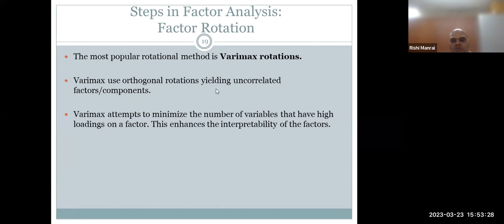Varimax uses orthogonal rotations yielding uncorrelated factors or components. Varimax attempts to minimize the number of variables that have high loadings on a factor. So it basically tries to minimize the number of loadings on each factor. If the loading of one item on multiple factors is high, it means that there is a problem with the factor analysis.